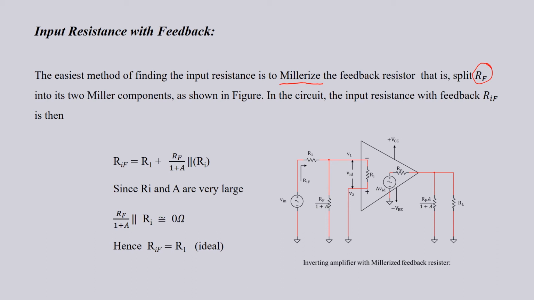So here we will split RF, that is the feedback resistance, into two Miller components, and they are split as RF over 1 plus A on the input side and RF A over 1 plus A on the output side.